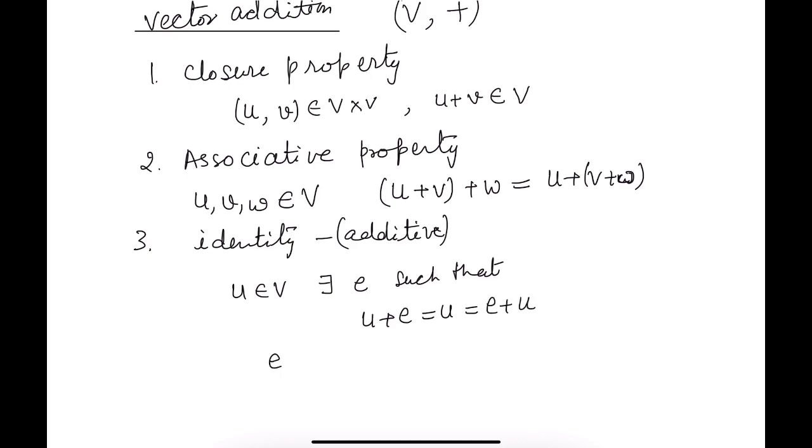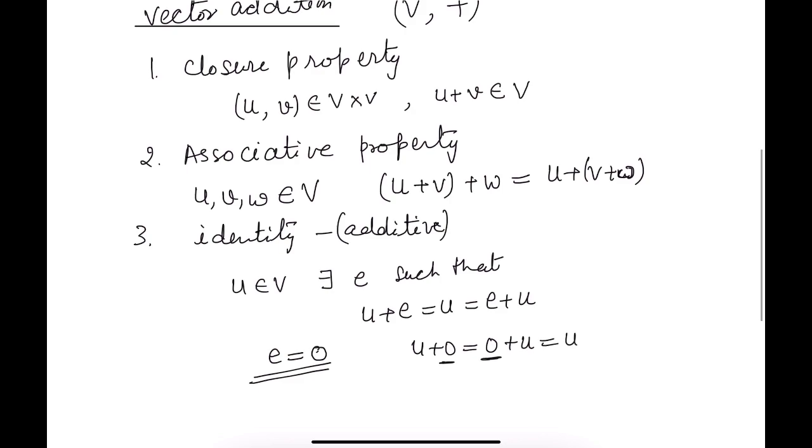You can verify that e is 0 here. So the additive identity here is 0, meaning u plus 0 is equal to 0 plus u is equal to u. So 0 is here the additive identity.